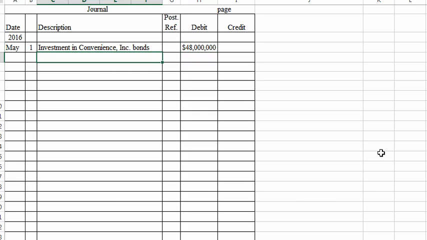Okay, and FF&T would have paid cash for that investment, purchased at the face amount, so there's no discount or premium to deal with. And credit cash for the same amount, $48 million.